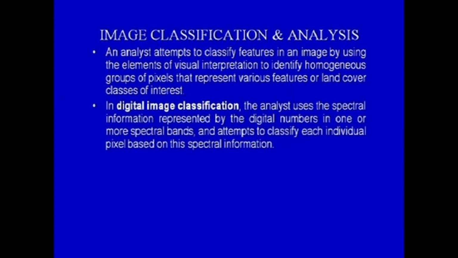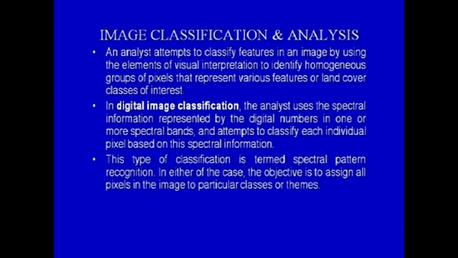In digital image classification, the analyst uses the spectral information represented by the digital number in one or more spectral bands and attempts to classify each individual pixel based on this spectral information. This type of classification is termed as spectral recognition.